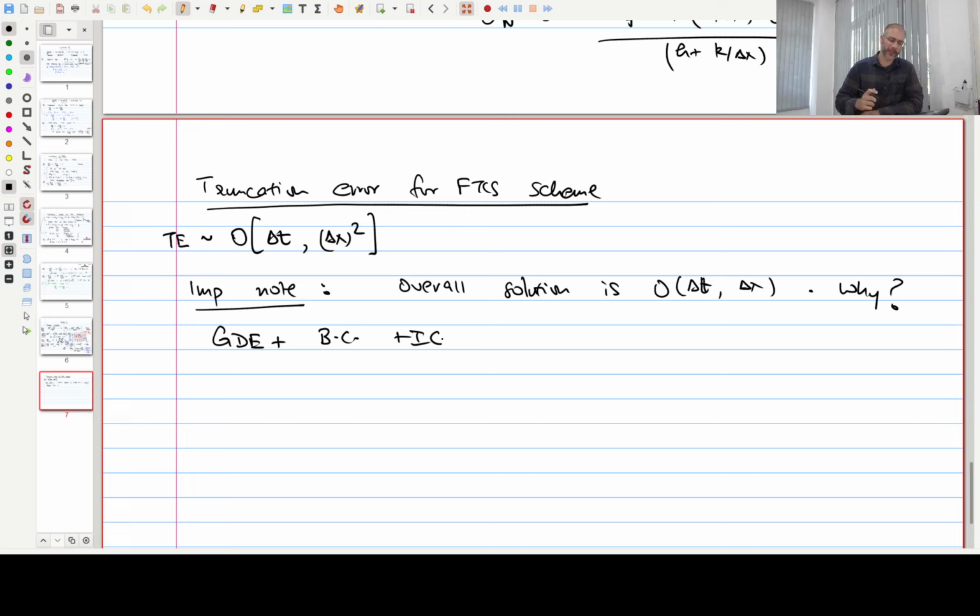Now for the governing difference equation, we have used a scheme which is order delta t comma delta x squared. What about boundary condition? What sort of error does the boundary condition have? First order in space, it's order delta x. Initial condition is exact. We have already specified the exact value, so there is no error associated with this.